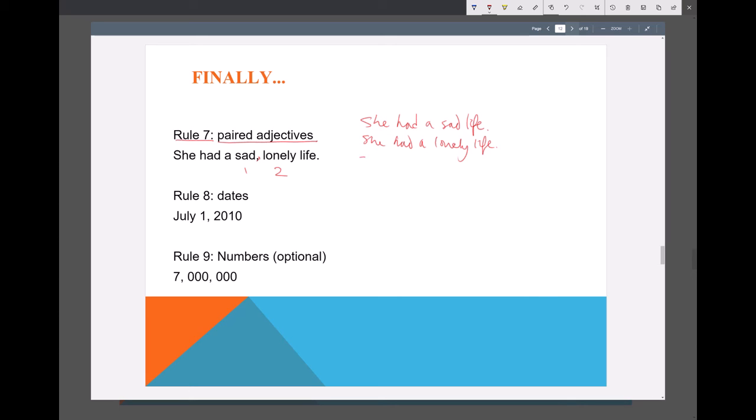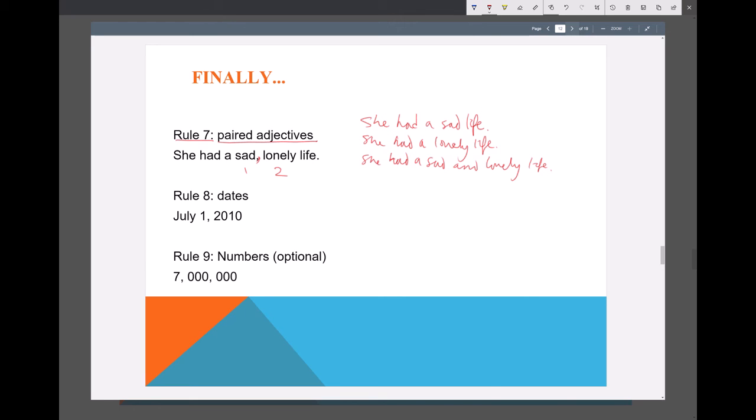Now you could put also she had a sad and lonely life. That's also acceptable, but if you are trying to practice commas, you would put the comma in between the adjective pair.